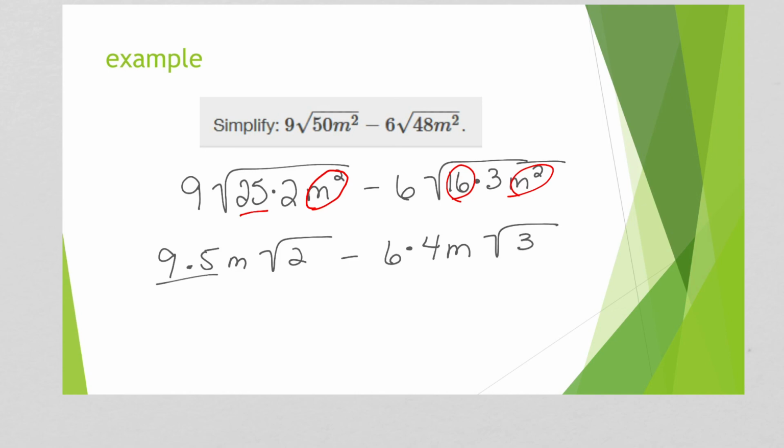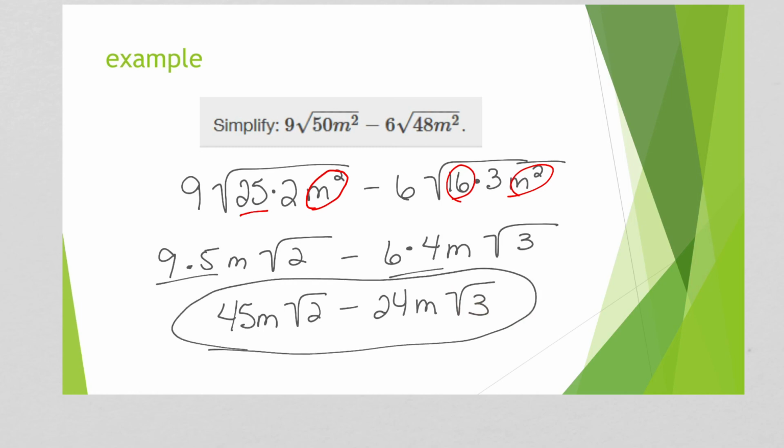And now I can multiply those and multiply those. I'm left with 45m square roots of 2 minus 24m square roots of 3. And I don't see that we can do anything else with this because square root of 2 and square root of 3 are not the same. So it looks like this is actually as good as this answer gets.